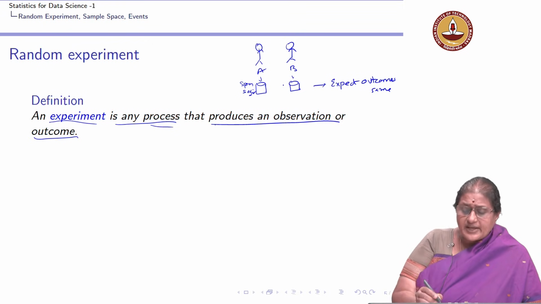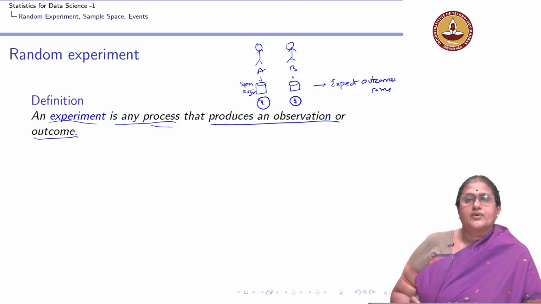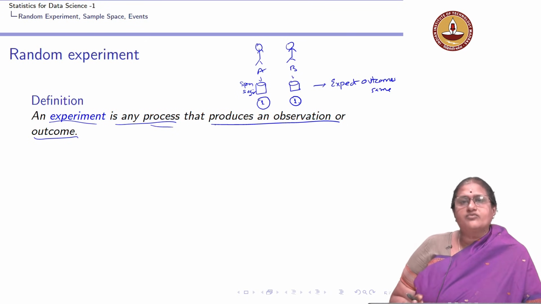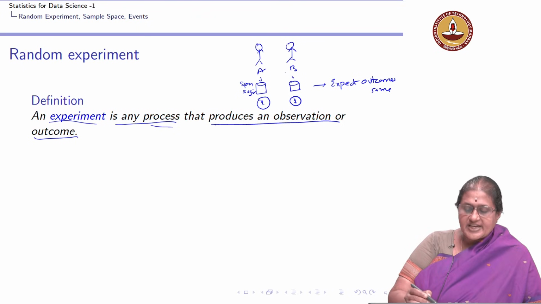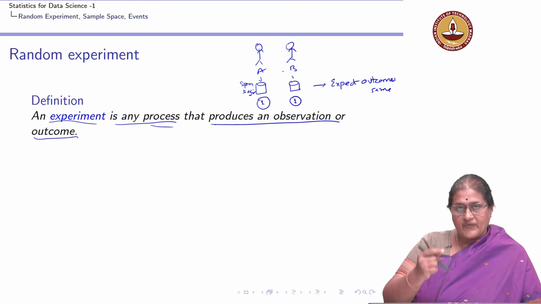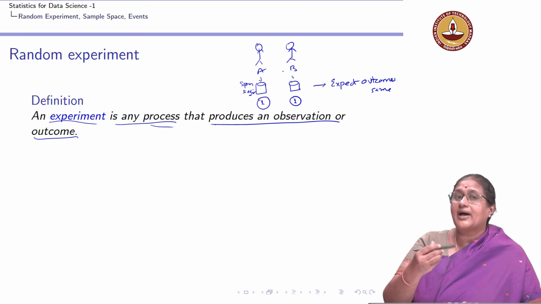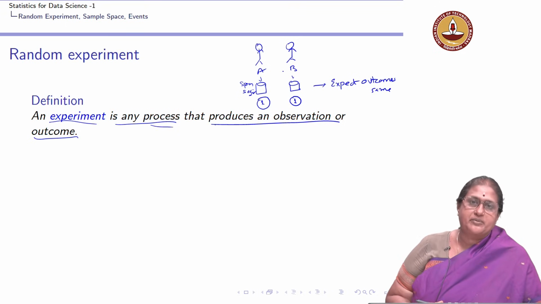Now, suppose I give both of them a 1 rupee coin and I ask them to toss the coin. That is, each one of them gets an identical 1 rupee coin and both are asked to do the experiment of tossing a coin. When you toss a coin, you have an outcome of the experiment.